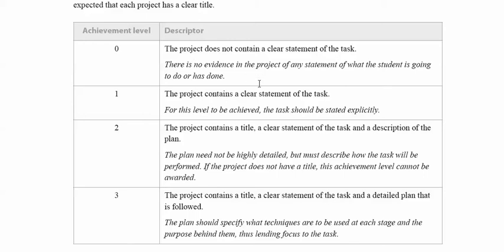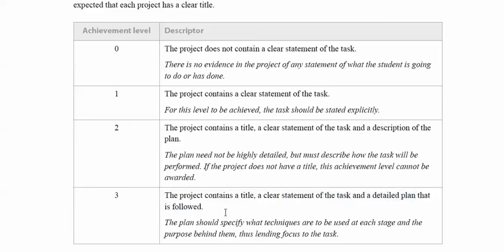You get 1 mark for having a clear statement of a task, 2 marks for having a title and a statement of a task with a description of a plan. The plan may not need to be detailed, and 3 marks is awarded for having a title, a statement of a task, and a detailed plan that is followed.